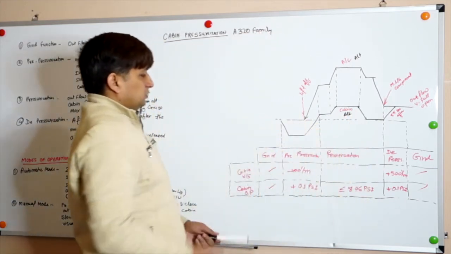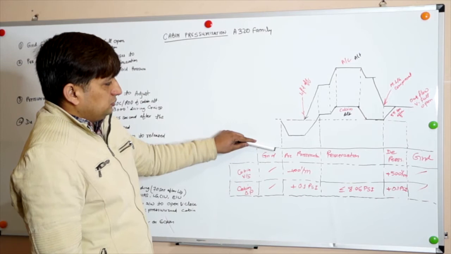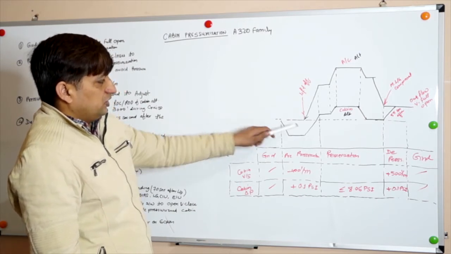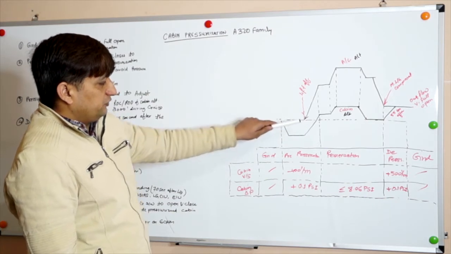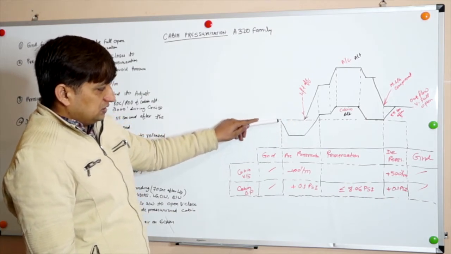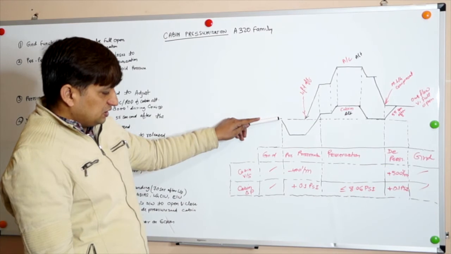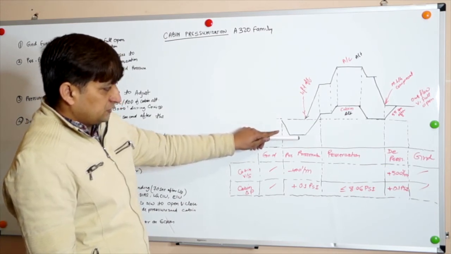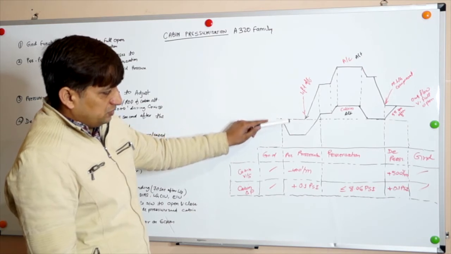So when the aircraft is on the ground before takeoff, this is the point of liftoff. Before takeoff on the ground, as the takeoff thrust is set, the cabin is pressurized below the actual ground level.